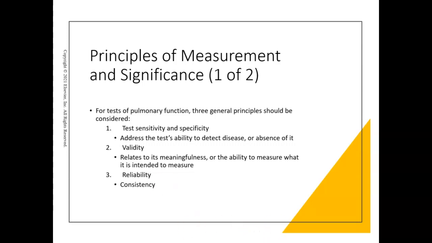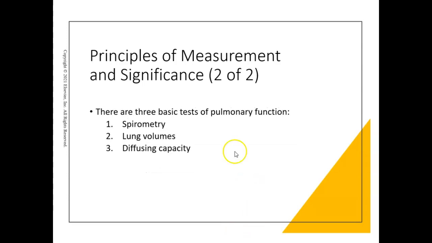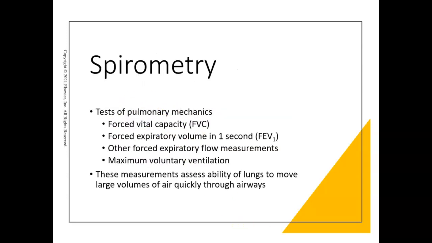Let's look at the individual tests and measurements. There are three basic tests in pulmonary functions: your spirometry, your lung volumes, and your diffusion capacity, which we've already talked about a little bit.